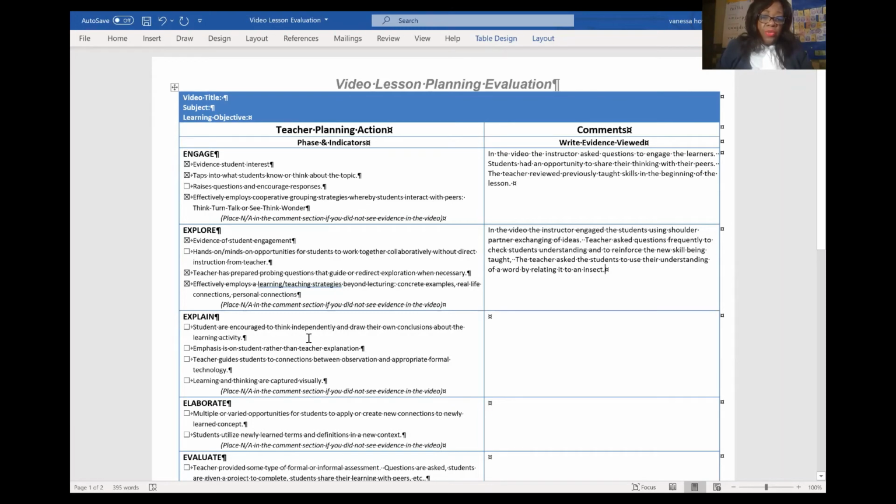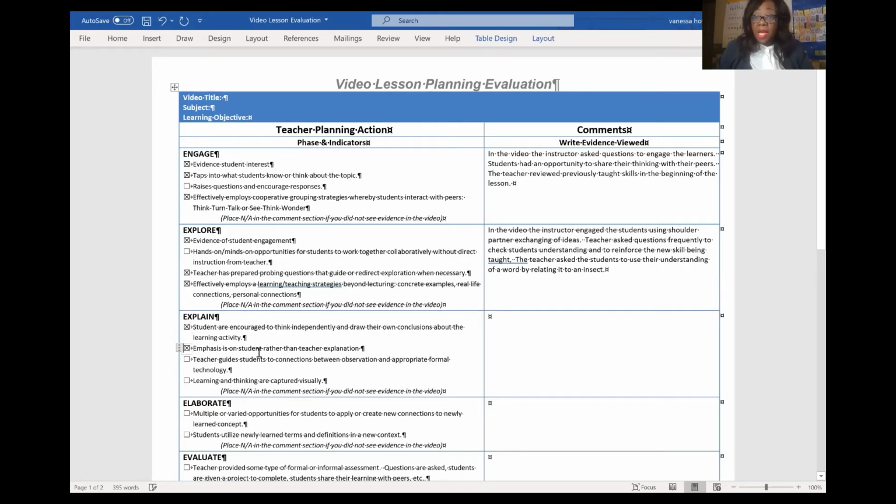Okay, so explaining. Students are encouraged to think independently and draw their own conclusion about the learning activity. I can kind of say that, but if you go back and look at the video, you will see that it all came together and I delved a little bit deeper into their learning. Emphasis is on student rather than teacher explanation. Yep.